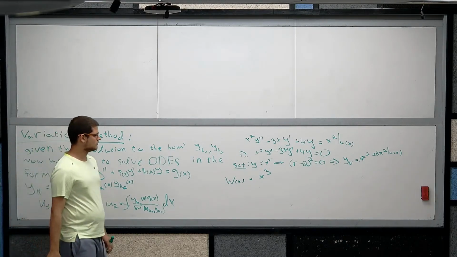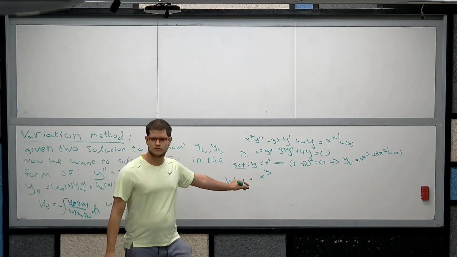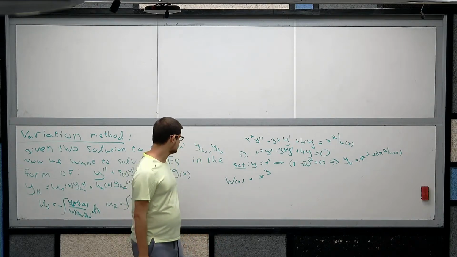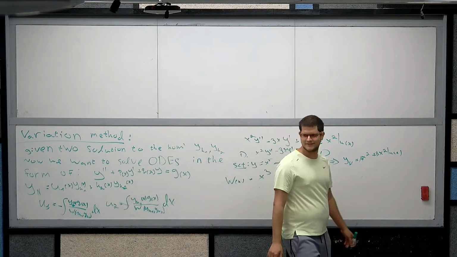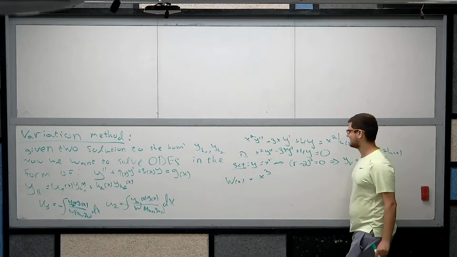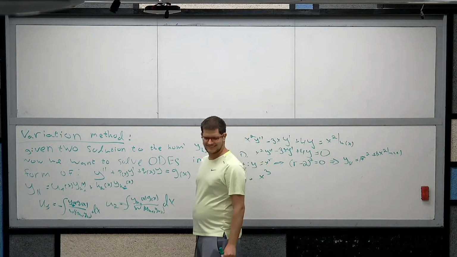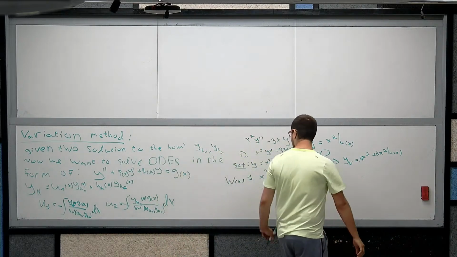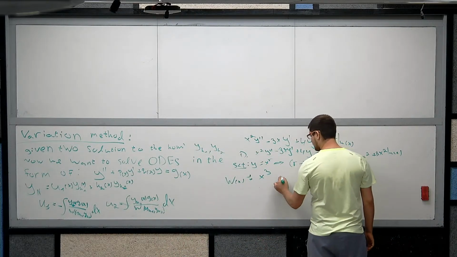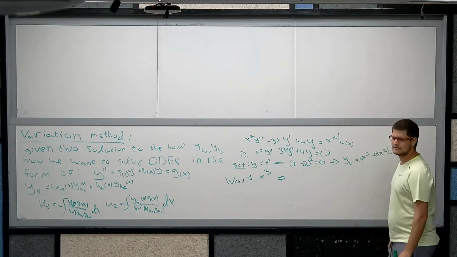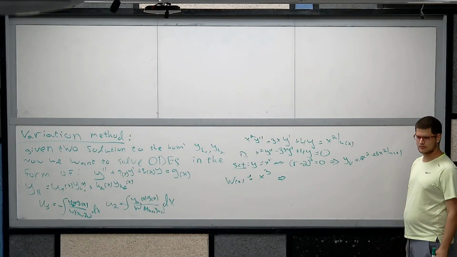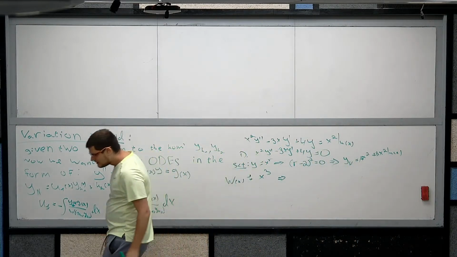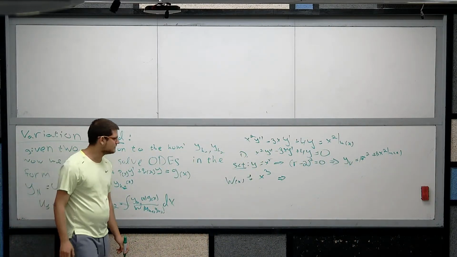Does everyone know how to calculate the Wronskian? Does someone need to do that? Very good, because I don't want to. Should it be minus there?